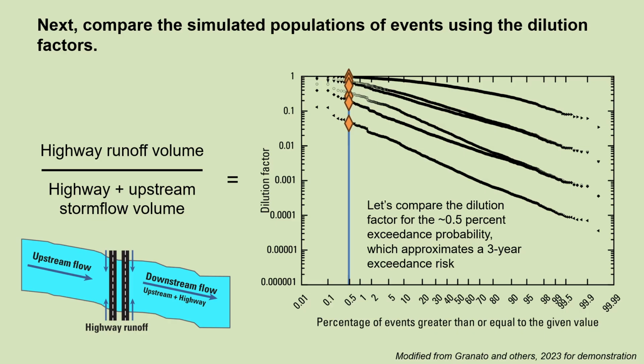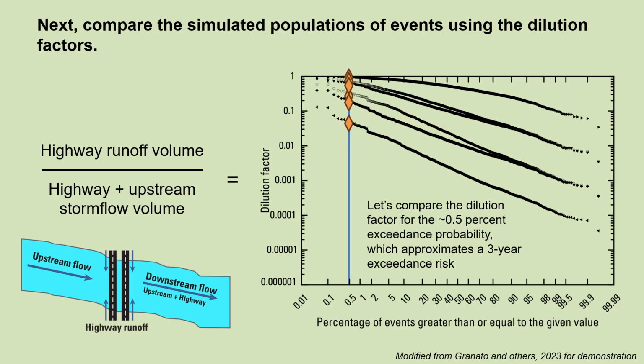So on this slide, we're seeing SELDM simulation results, which are, as I mentioned previously, simulated runoff events. And what's associated with those events is the highway runoff volume, as well as the upstream storm flow volume.